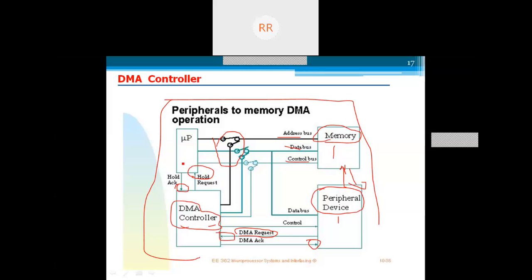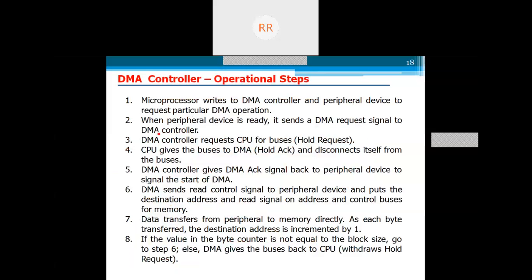Those are the steps we have just discussed in the block diagram. The microprocessor writes to the DMA controller and peripheral device for a particular DMA operation request. When the peripheral device is ready, it sends a DMA request signal.